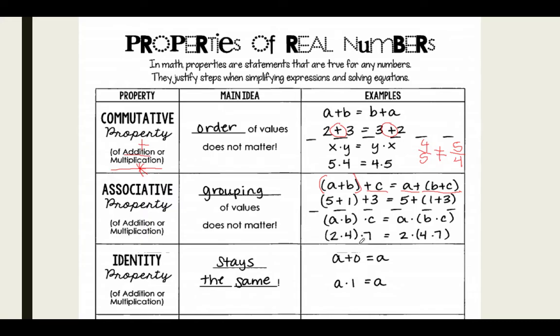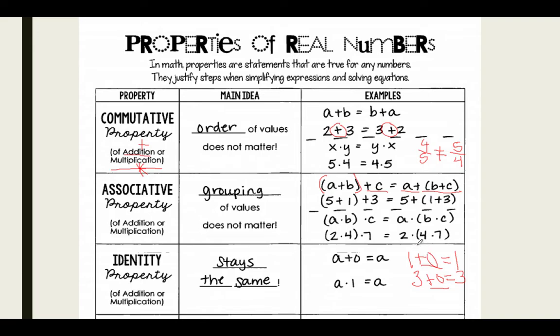Identity property is just a number that basically is going to make everything stay the same. So if you add 0 to anything, it's going to be whatever that thing is. So like 1 plus 0 is equal to 1. 3 plus 0 is equal to 3. So you don't really need to add this plus 0 because it's more work to write it.